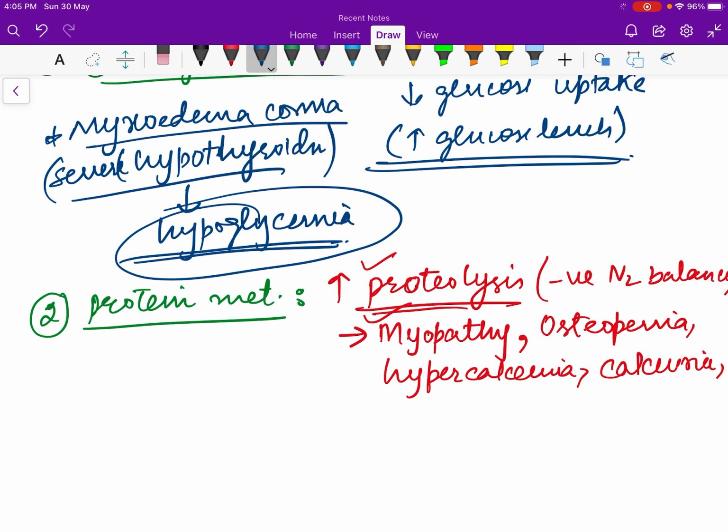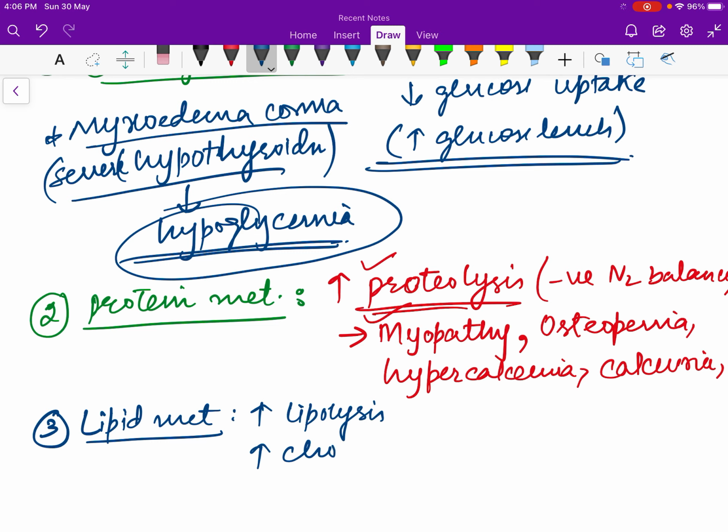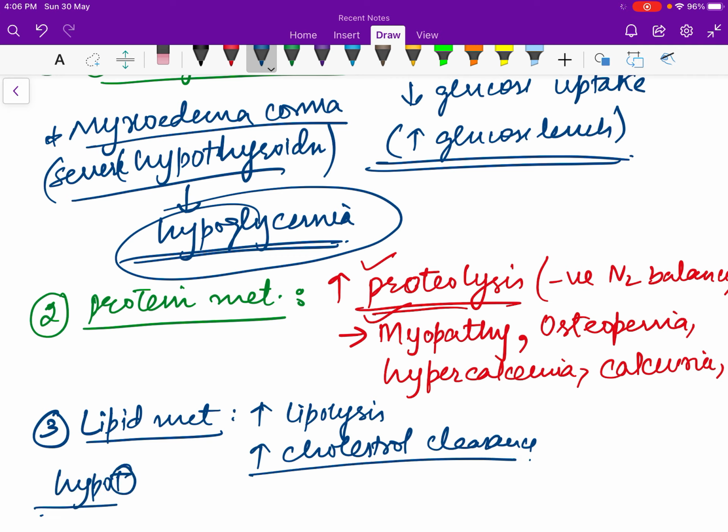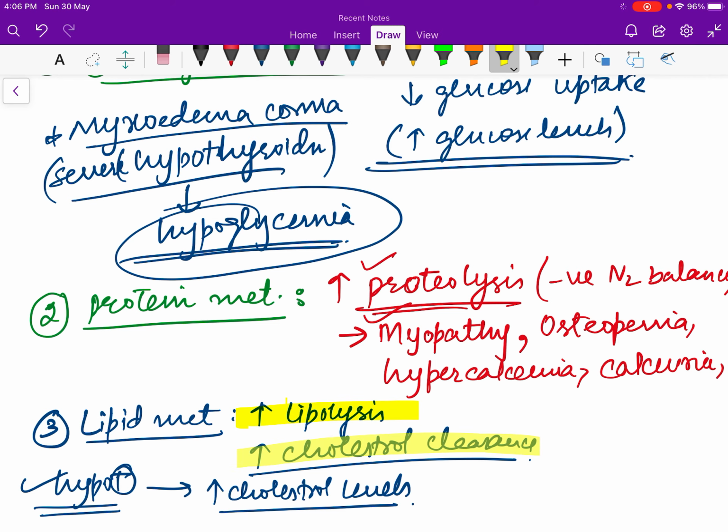About fat metabolism, the thing that we need to remember is lipid metabolism. Again, thyroid hormones increase lipolysis and they increase cholesterol clearance. That means in hypothyroidism the levels of cholesterol will be high, because thyroid hormones increase lipolysis and also increase cholesterol clearance.